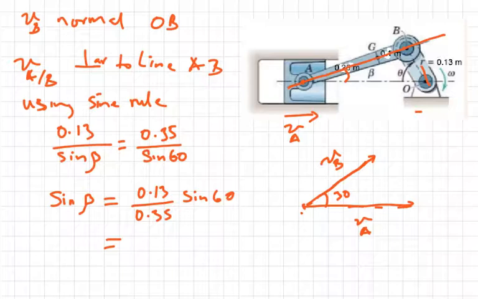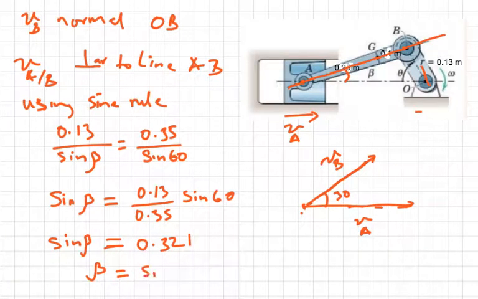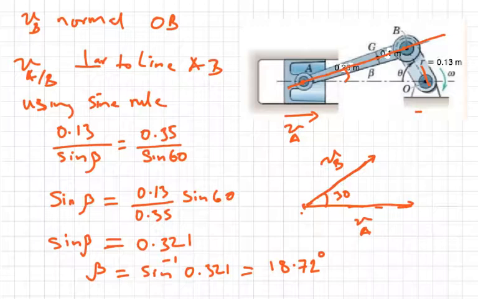And if you calculate this, you find out that your sine beta is equal to 0.321. And beta is sine inverse 0.321, and if you compute this, you get 18.72 degrees.